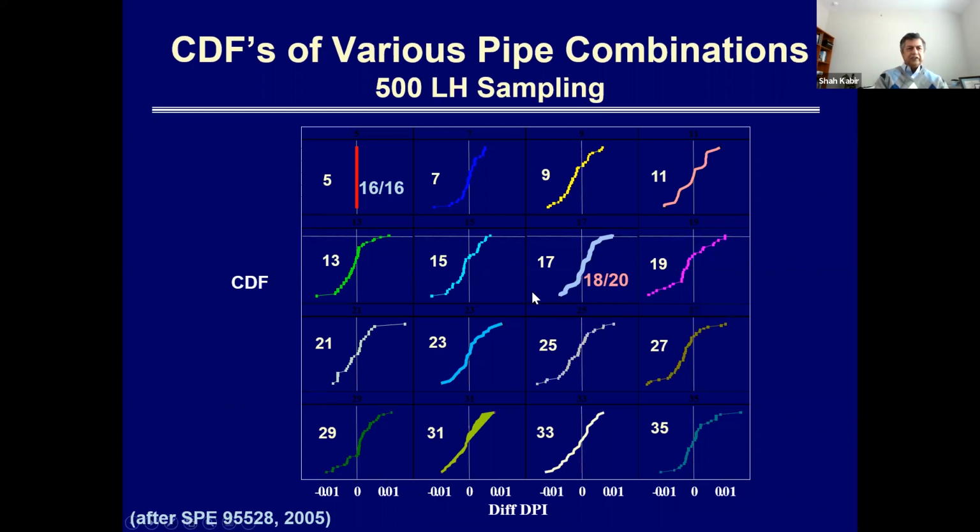Because it has the least deviation. We made 500 runs to generate this for a multivariate problem. It was very time consuming. We needed multiple machines, and many days we were running them over the weekends.